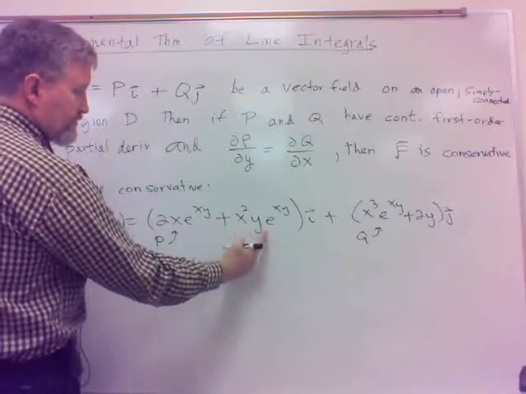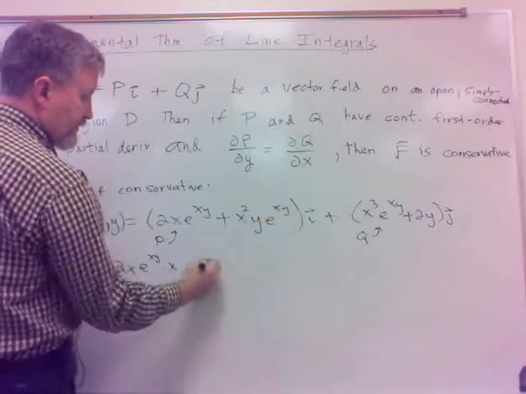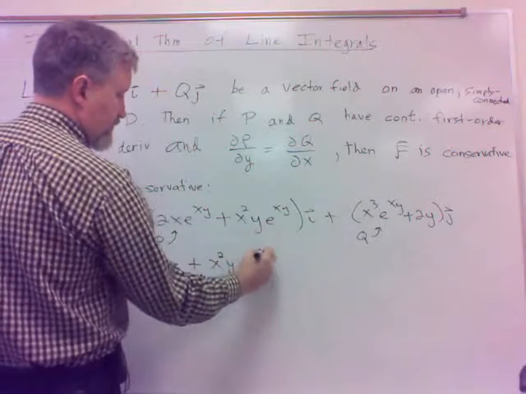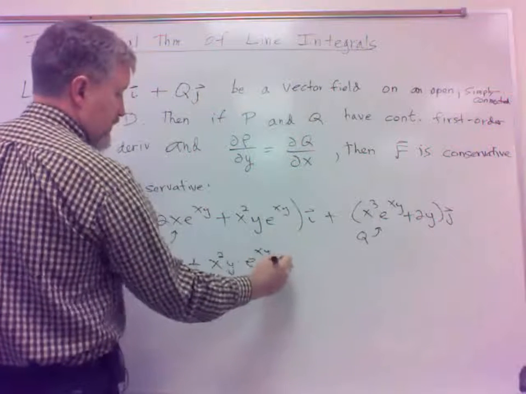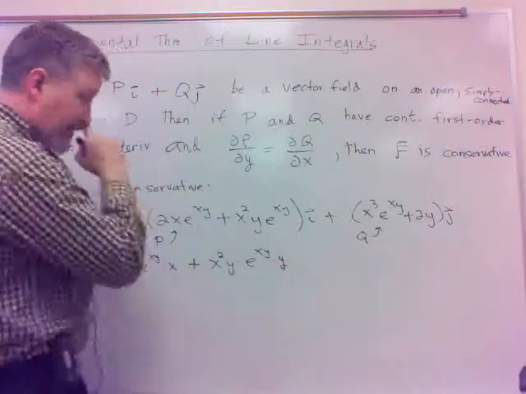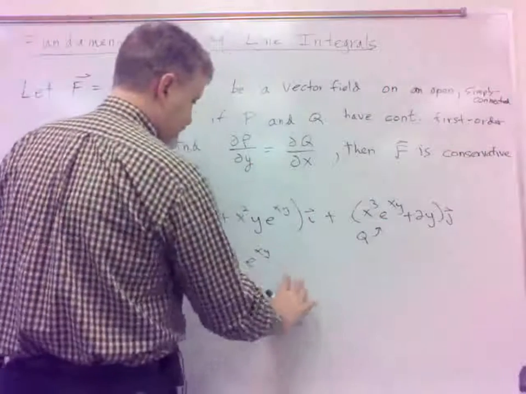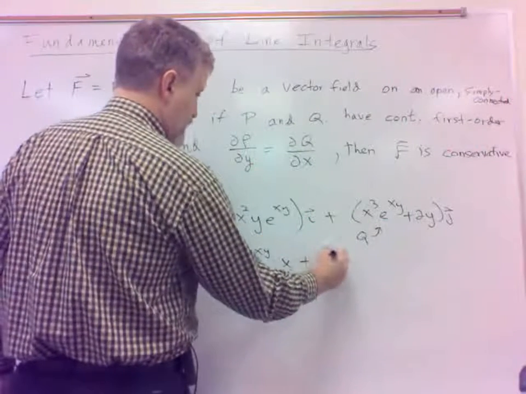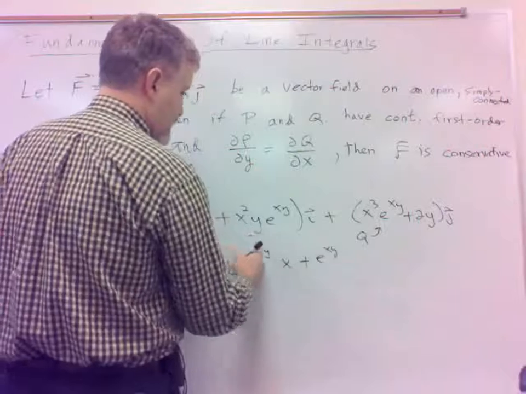Then for the other term, we have to do the product rule: x squared y times the derivative of e to the xy, e to the xy times the derivative of the power, which would be x, plus e to the xy times the derivative of x squared y with respect to y.